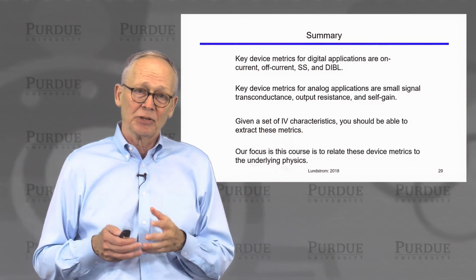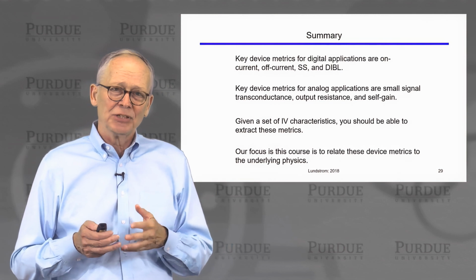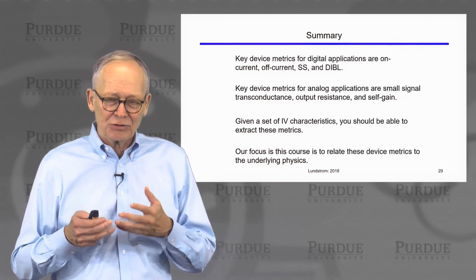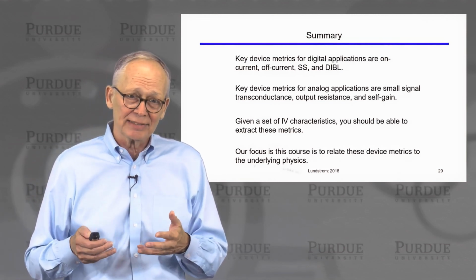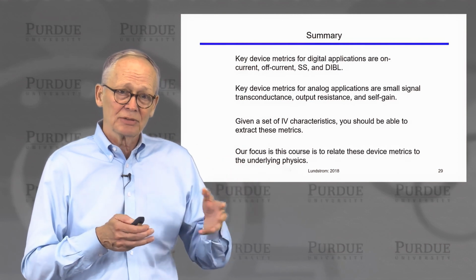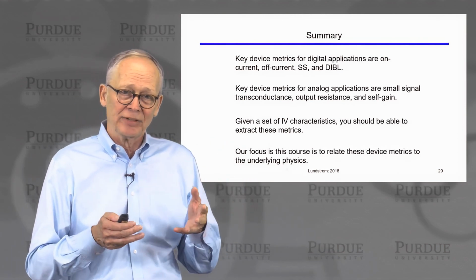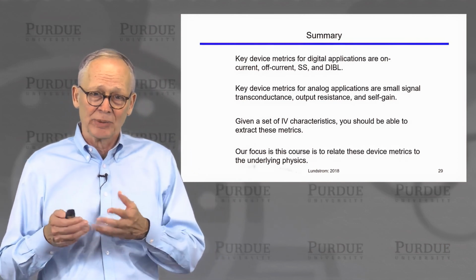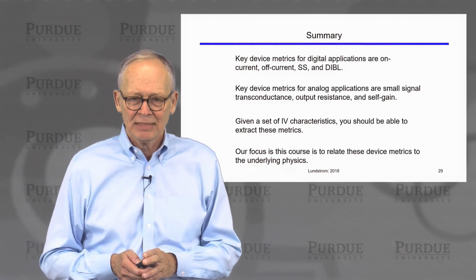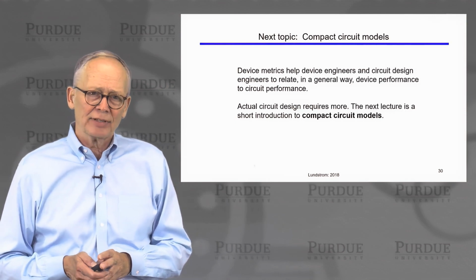Now, our focus for the remainder of the course is going to be to explain, in terms of the underlying physics of the transistor, what controls the performance of these device metrics, what controls the magnitude of the on current, the subthreshold swing, etc.